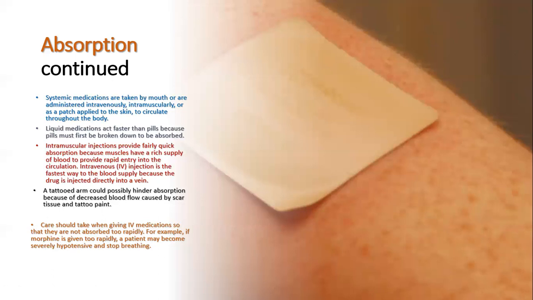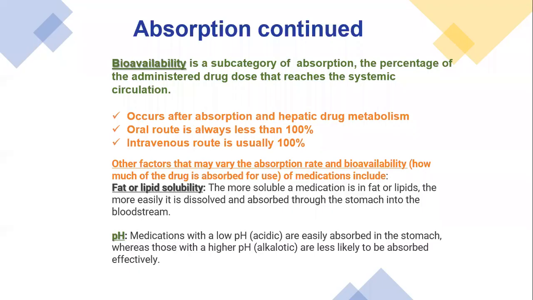For example, if morphine is given too rapidly, the patient may become severely hypotensive, and the respiratory system may be depressed and stop the breathing. It is a life-threatening condition. So as a healthcare provider, it is very important to follow the rules. If it is morphine, we should give it very slowly because saving life is the priority.